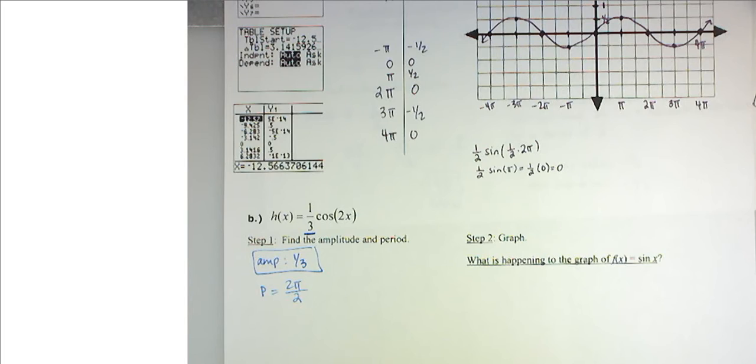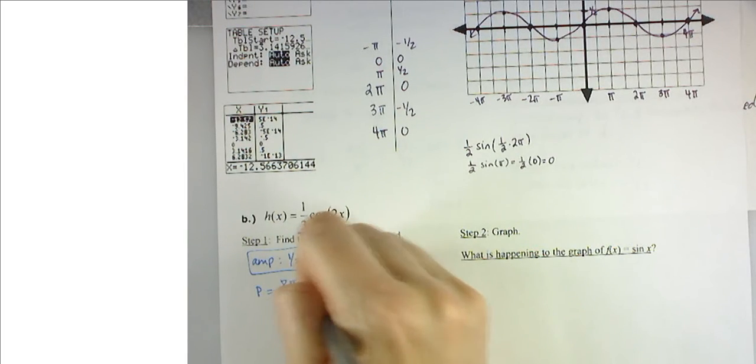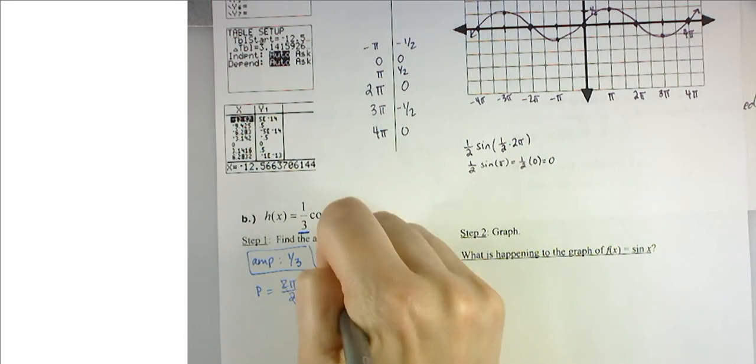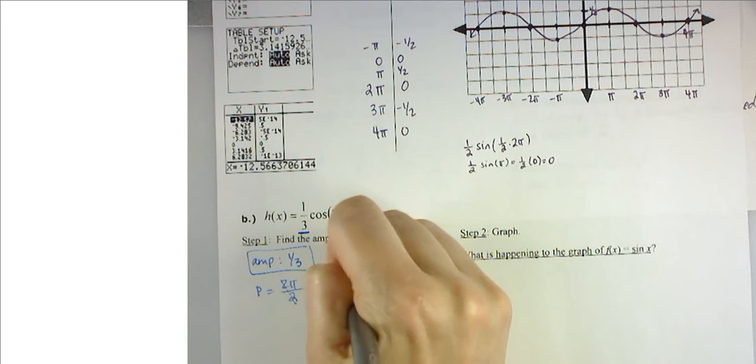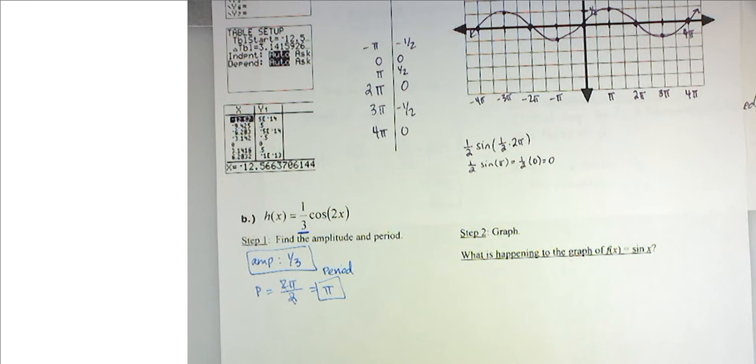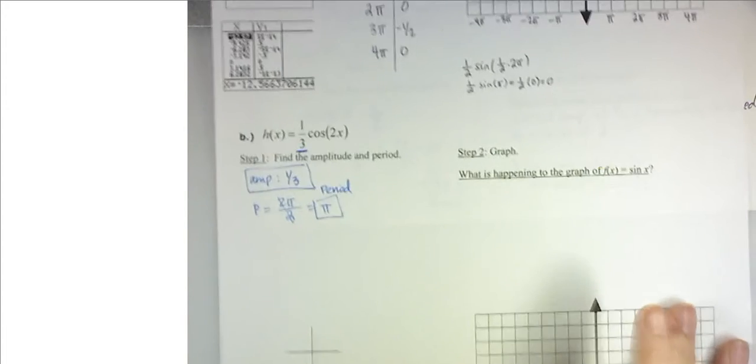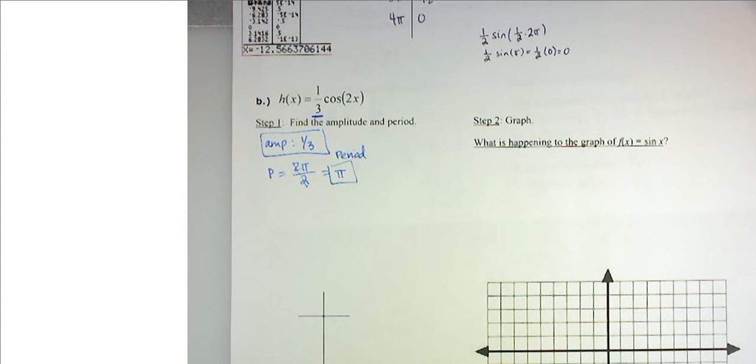Okay, so if your period is smaller than 2 pi, sorry, I would just keep your values how they were before, where you have pi over 2, and I do like every other one.